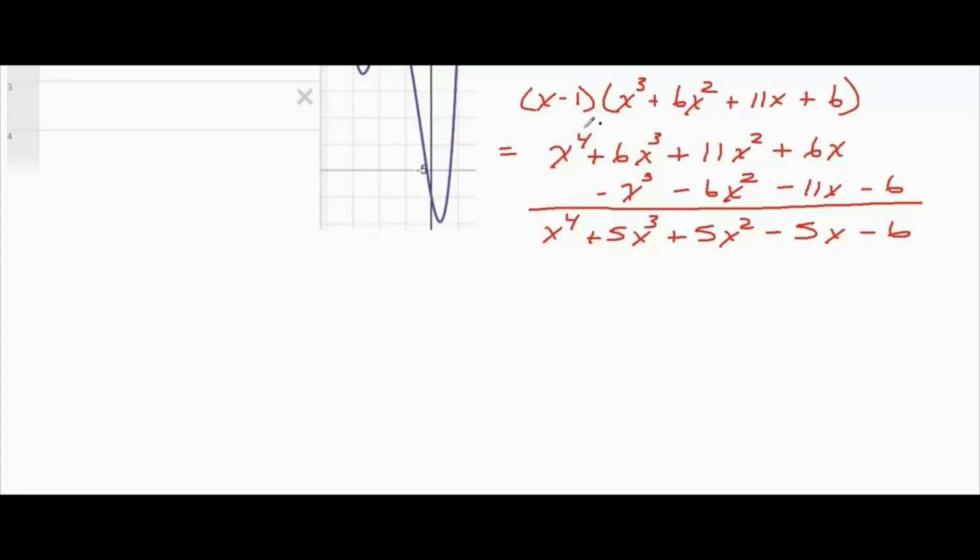And notice just the way the like terms combine, we do the -1 times this, so you basically create that, and then it slides under here. So we're multiplying this and sliding it under here. And then same thing when we do -1 times this, and that's going to slide under here.